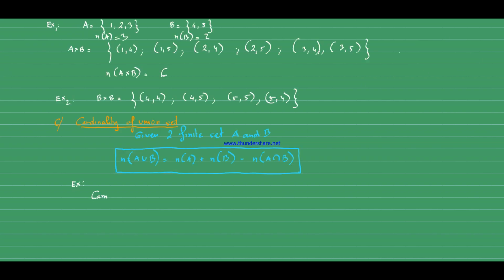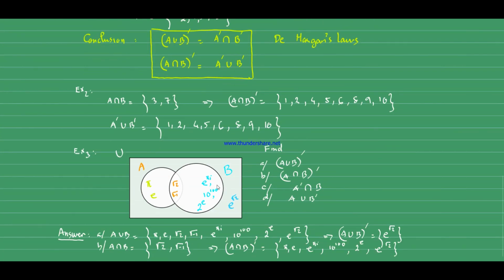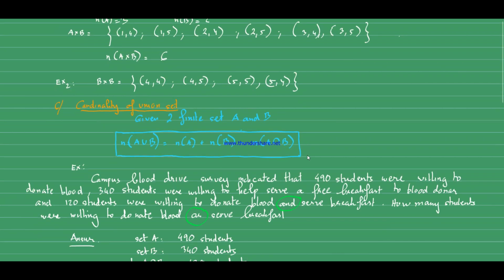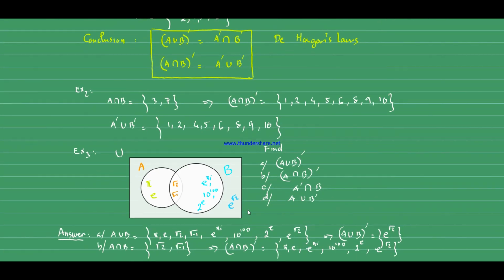In part C, we want to find the complement of A, which is everything not inside A. Not square root of 2, because square root of 2 is still inside A. So it will be e to the pi i, 10 to the 100, 2 to the e, and e to the square root of 2. Alright, so that is the complement of A.